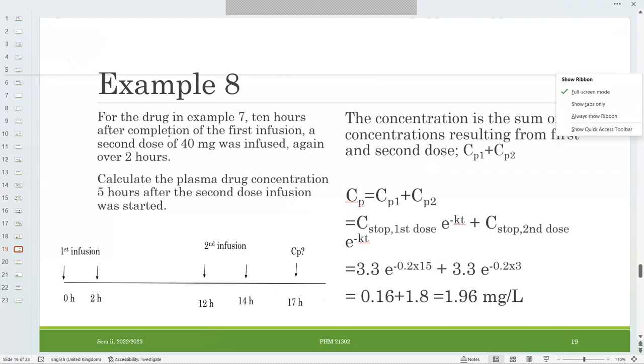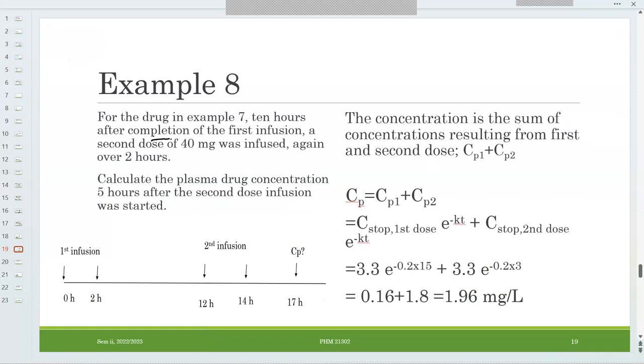Completion means once we stop. So 2 plus 10: at 2 hours we stopped, and 10 hours later means at 12 hours, another infusion was given, again for 2 hours. So by 14 hours, this is another C stop.